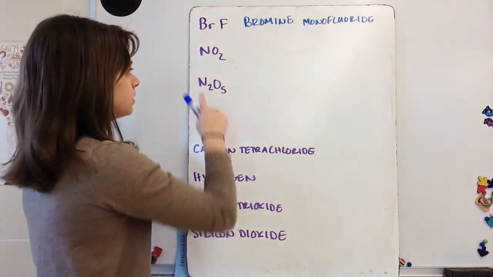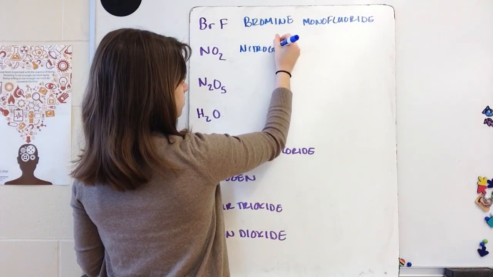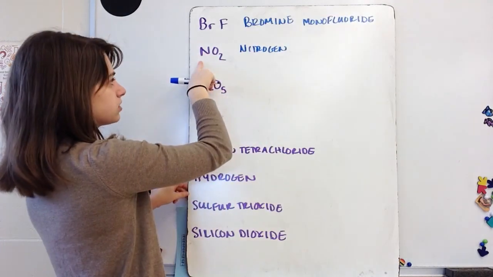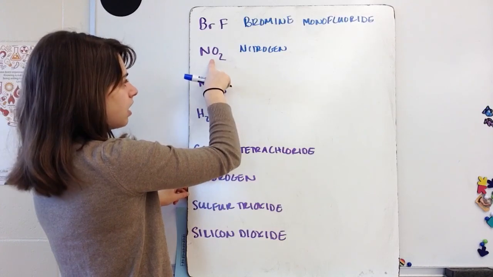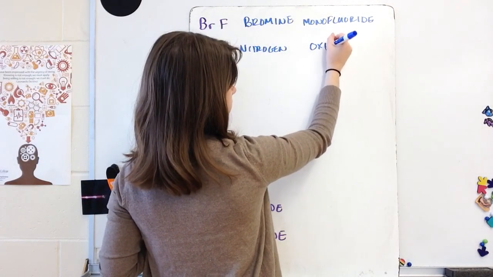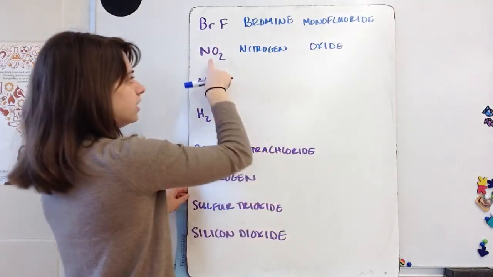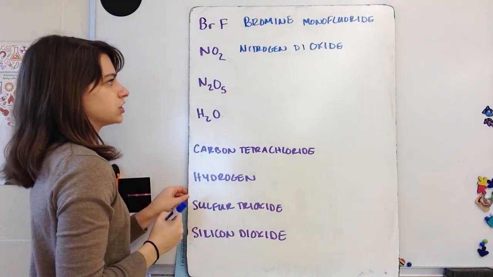Okay, NO2, first element is nitrogen. No prefix, so it's just one, so we don't put any prefix. Our second element is oxygen, so that's going to turn into oxide. And there are 2 of them, so we're going to put di in front. So nitrogen dioxide.